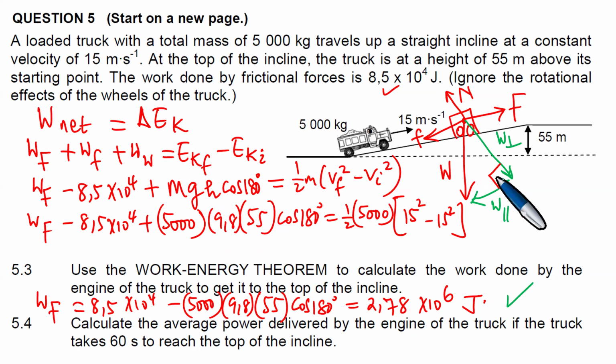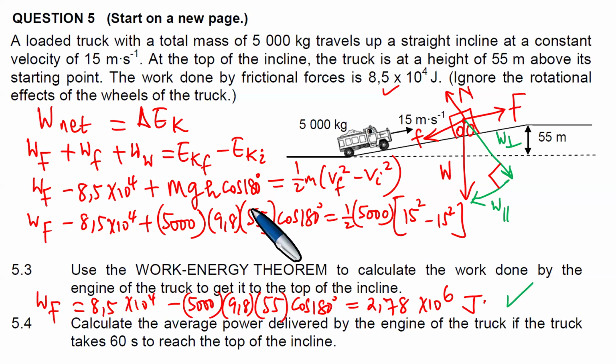So there was zero height here, and the height here was obviously 55 meters, as a matter of fact. And therefore, you are able to see that the angle that is required here is an angle, obviously, of 180 degrees, as a matter of fact.